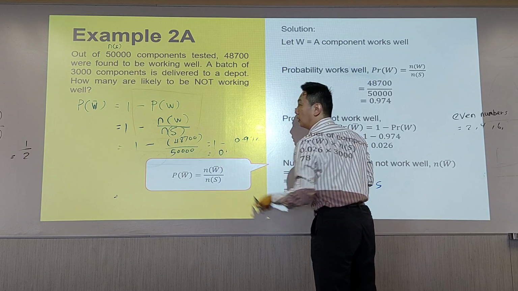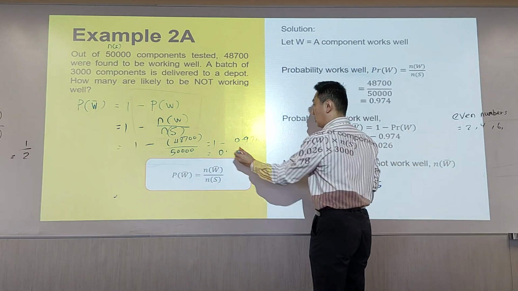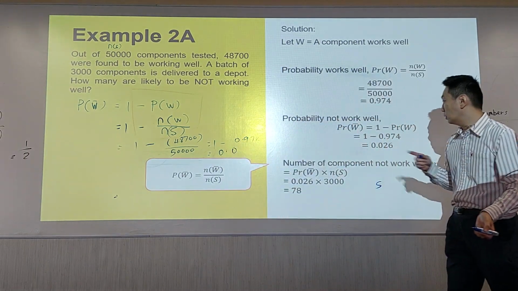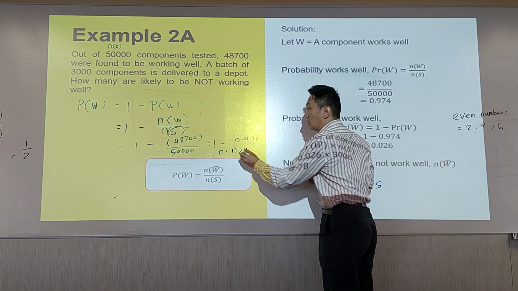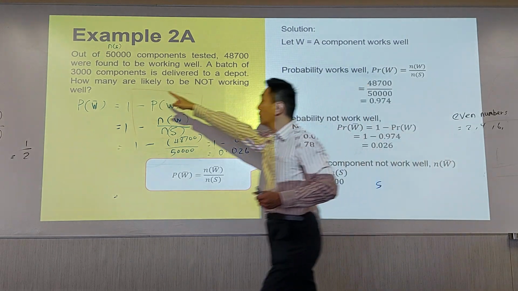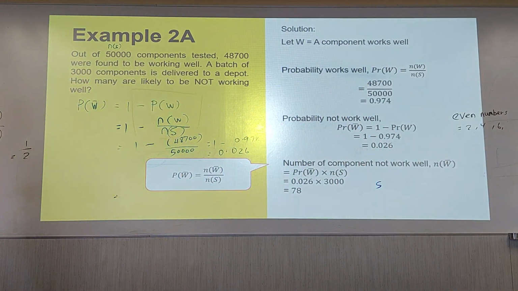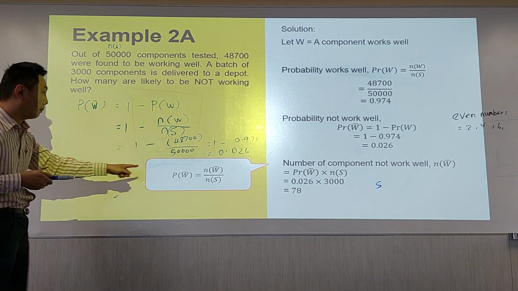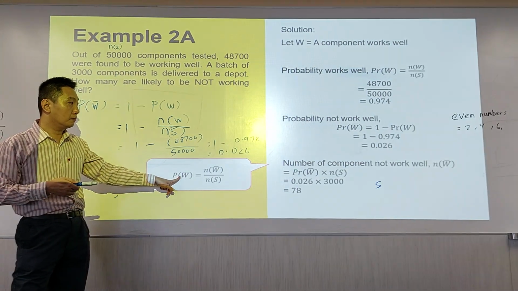So it's equal to 0.026. Right. So once you know the probability not working well, then you can calculate among these 3,000 components how many are not working well. So we go back to apply this formula again. We apply this formula. Right.